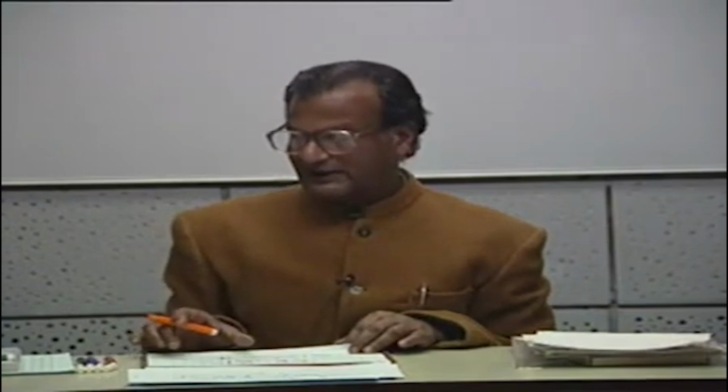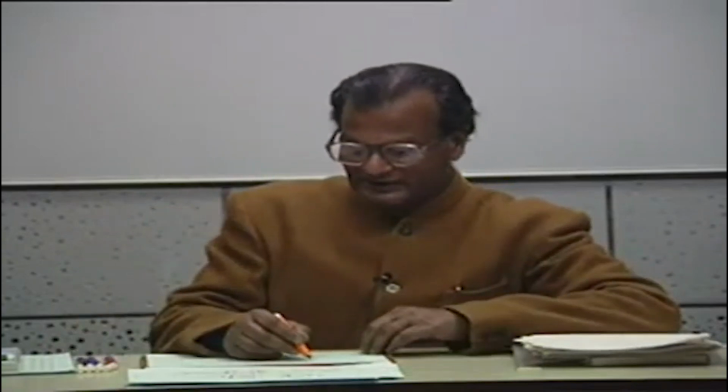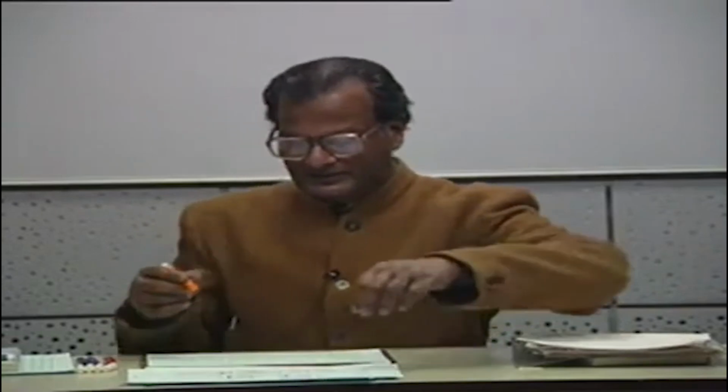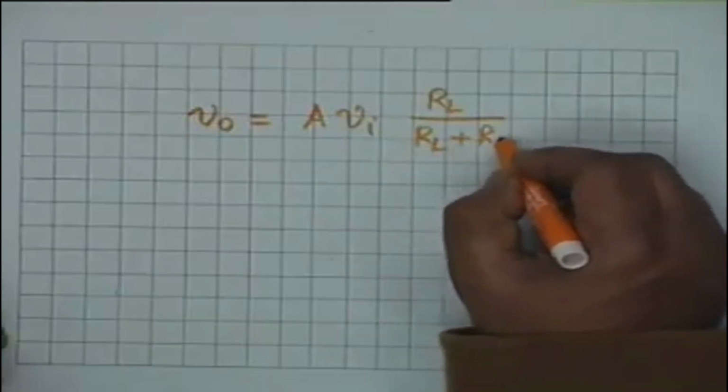Now, in a real amplifier, if you want to find out V0, the output voltage that is developed across the load RL, it is a voltage division between R0 and RL, and therefore this is equal to A Vi times RL divided by RL plus R0.